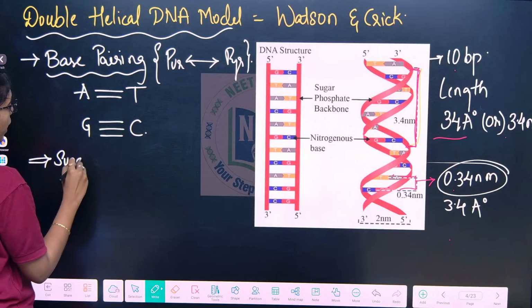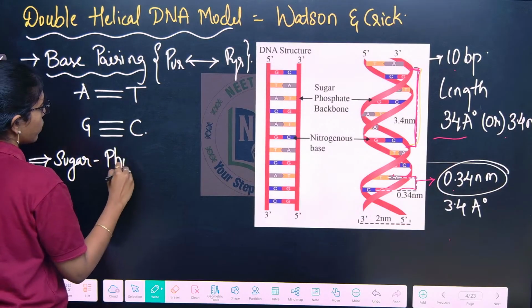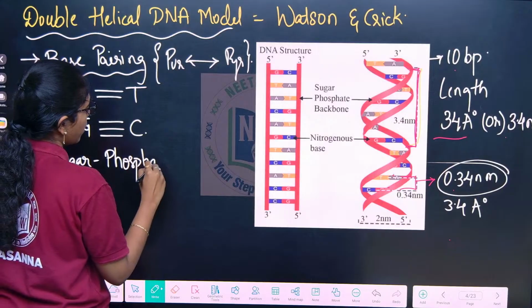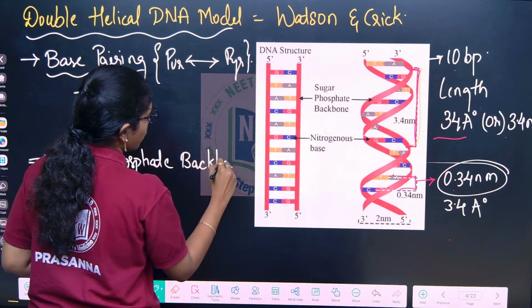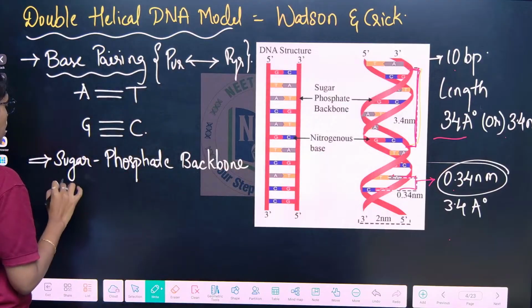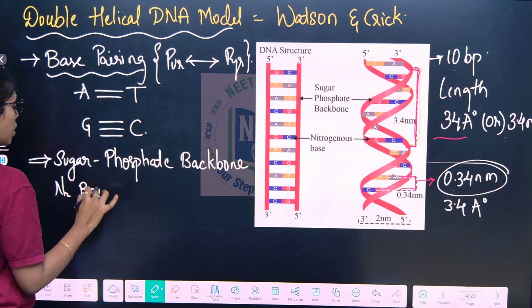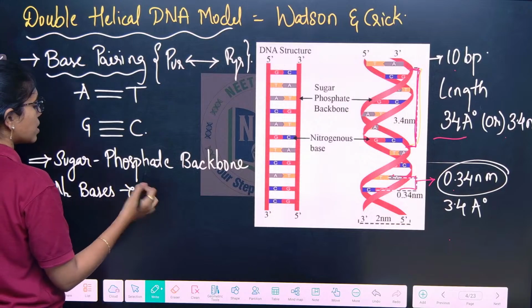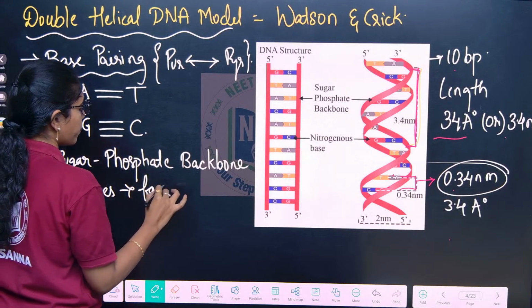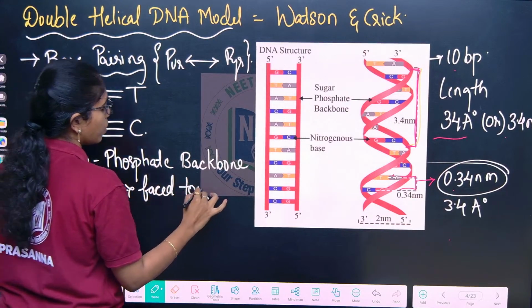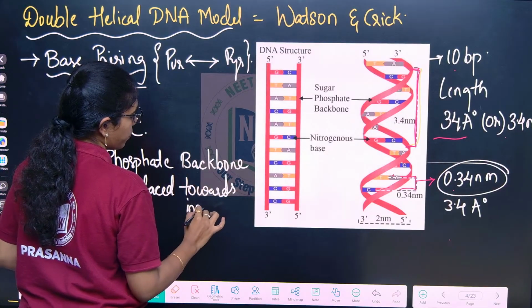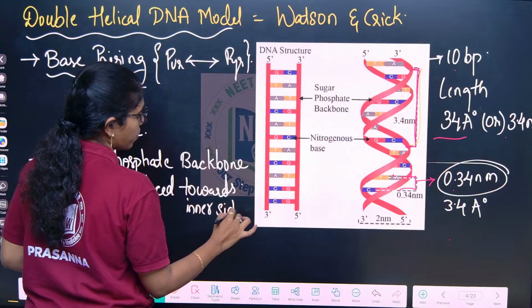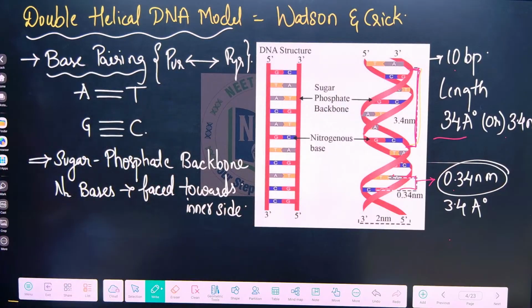Sugar phosphate backbone, where nitrogen bases are phased towards the inner side. Fine, nitrogen bases phased towards the inner side.